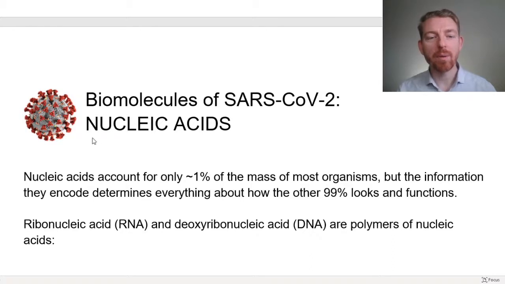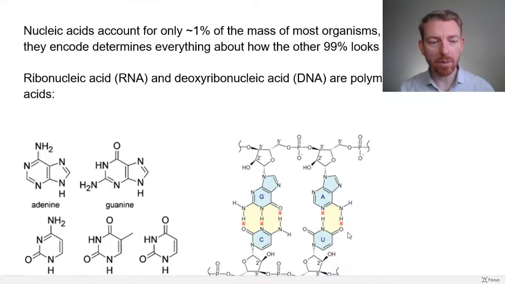So when we talk about nucleic acids, we're looking at two major molecules here in terms of macromolecules, polymerized nucleic acids. This would be ribonucleic acid, so RNA, and deoxyribonucleic acid, DNA, which are polymers of nucleic acids. So what does that look like?